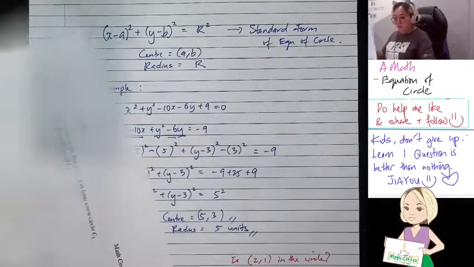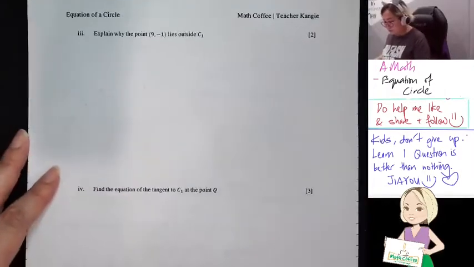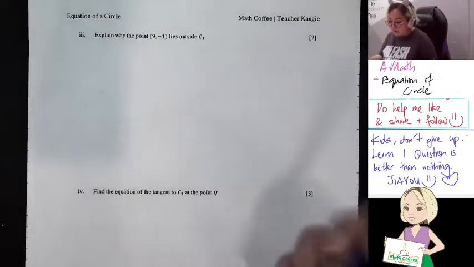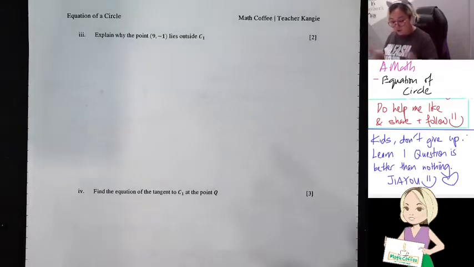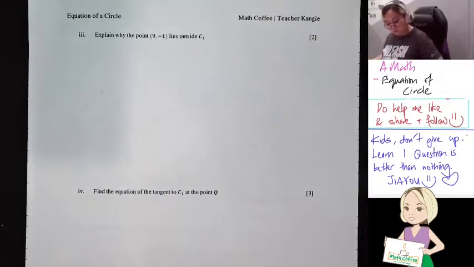Okay, let's move on to the next question. Now they ask again the same thing. Does the point (9, minus 1) lie outside C1? I already did three questions with the same concept, so by now you should know. Now you tell me what I should do. You are supposed to explain why (9, minus 1) lies outside C1. What's the first thing I need to write down here?